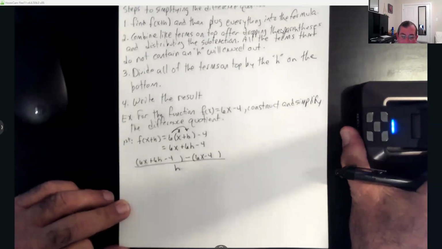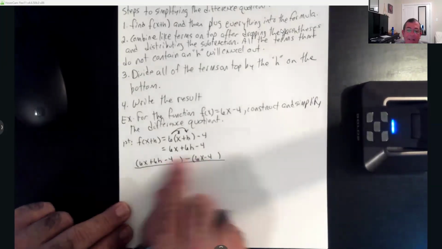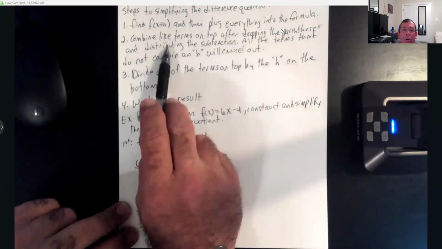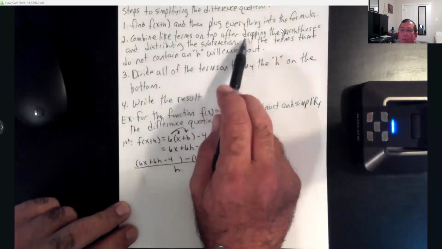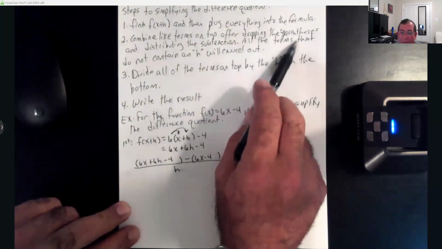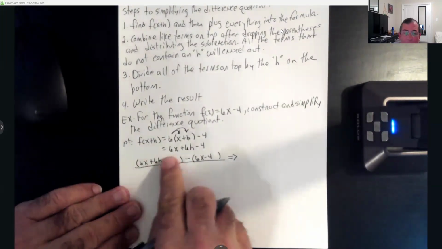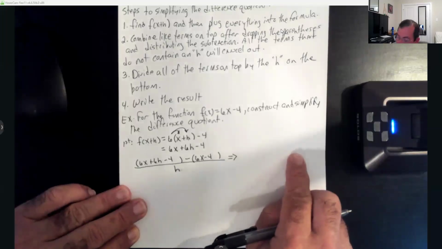All righty. So now we just have to simplify this. So we said once we plug everything in, we're going to combine like terms on top after dropping the parentheses. So y'all, let me drop the parentheses and write all that out.